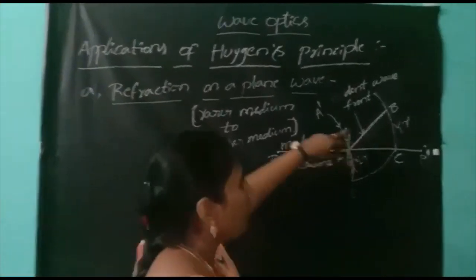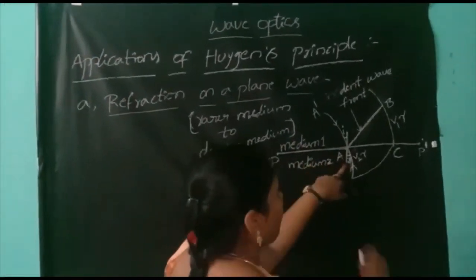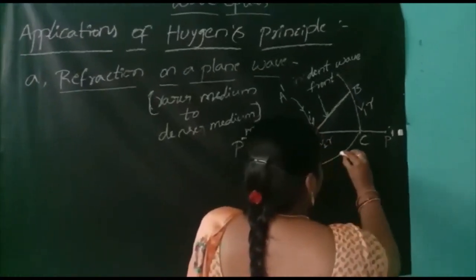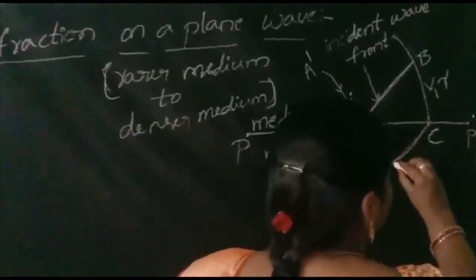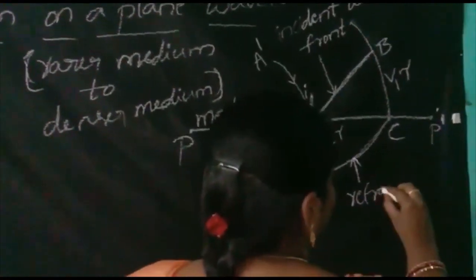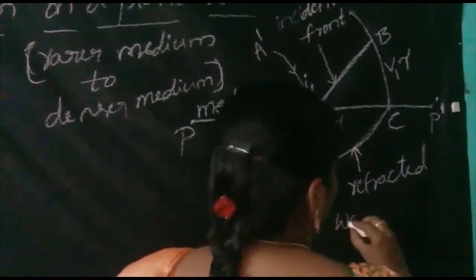We draw the normal at the point, and this is called the refracted wavefront.